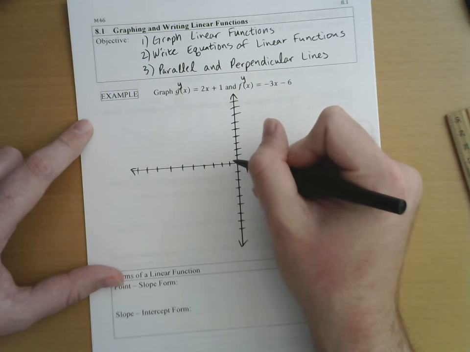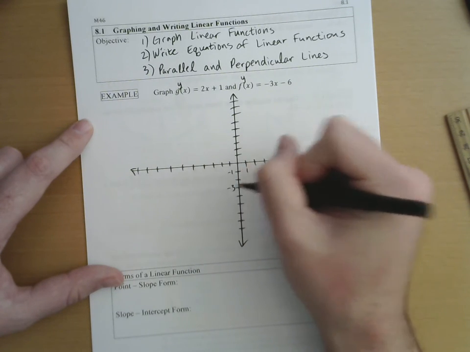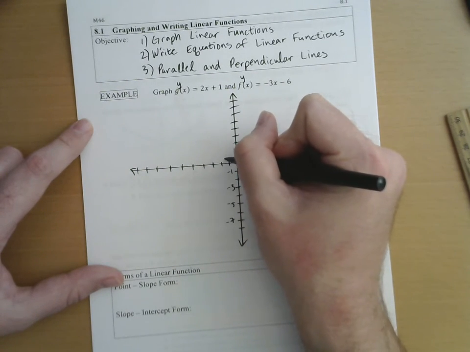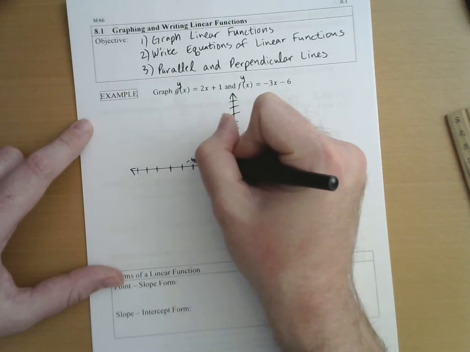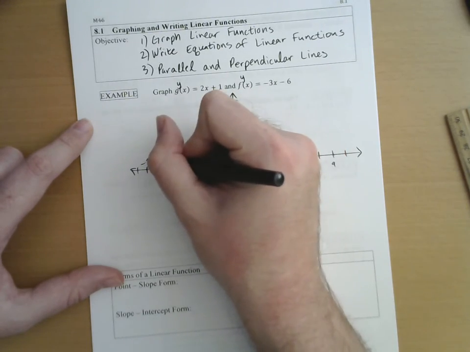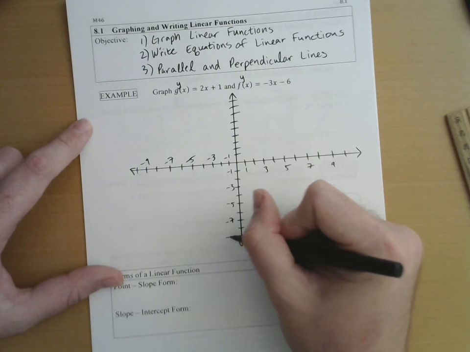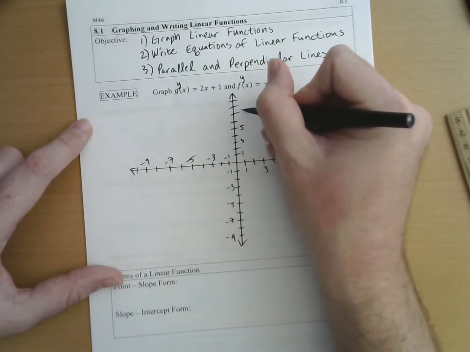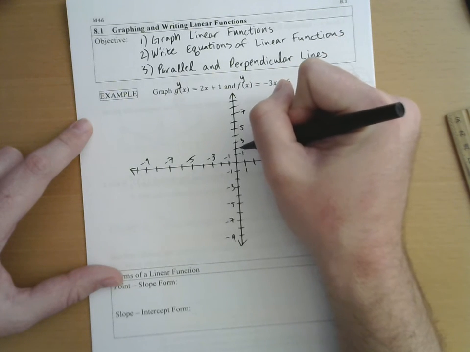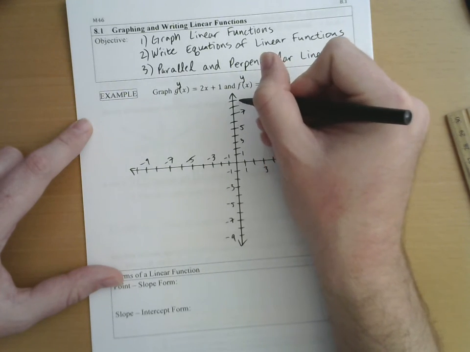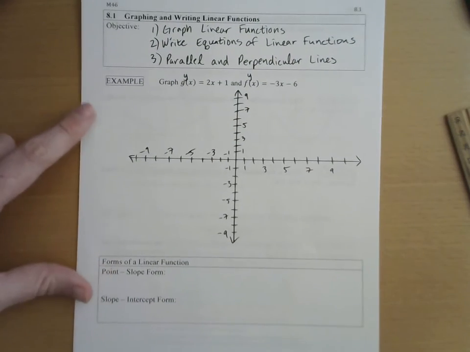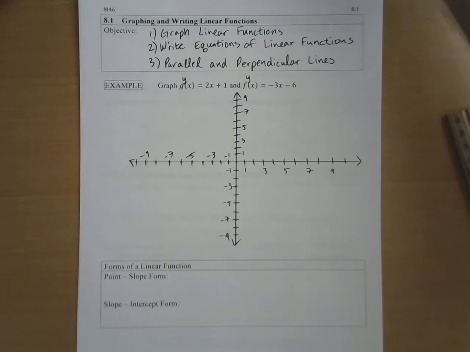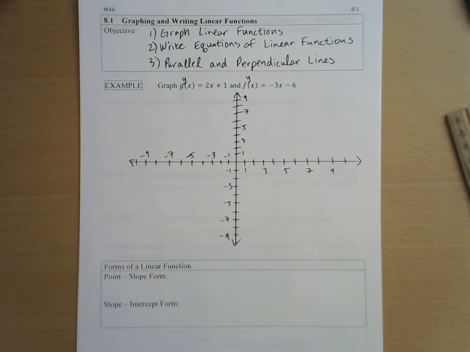This is -1, -3, -5, -7, -9. And then 1, 3, 5, 7, 9. So a quick little scaling there. We're going to graph these in two different colors to keep things simple.